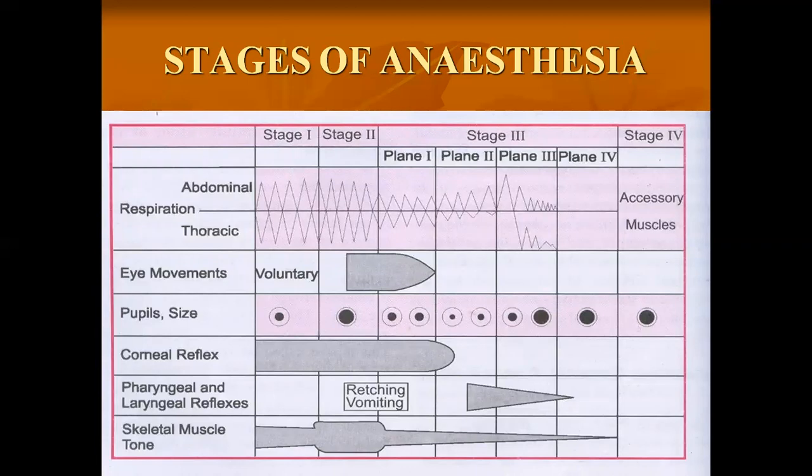Stage 1 is the stage of analgesia. This stage stretches from the beginning of the inhalation of anesthetic to the loss of consciousness. It is manifested as a sensation of remoteness, falling, suffocation, or as visual or auditory aberrations. A feeling of warmth is experienced by some individuals. Analgesia is produced in the stage before the loss of consciousness.